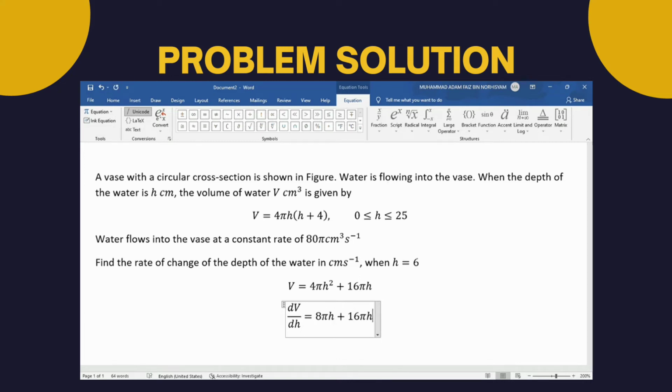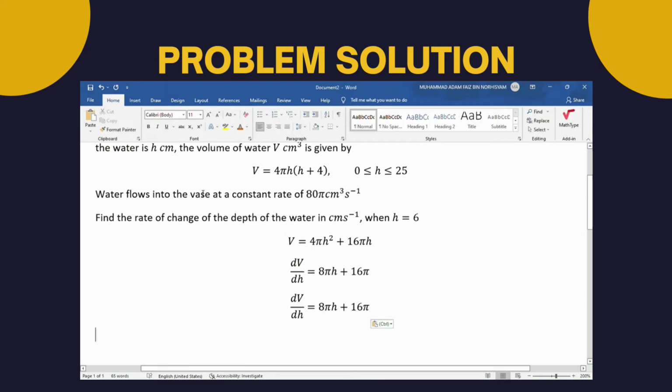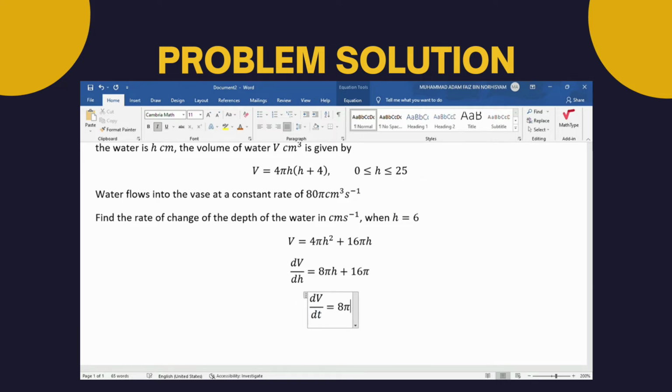And if we differentiate 16 pi h, we will get 16 pi. From the question, we get the constant rate of 80 pi. So that is our dV over dt. So our dV over dt equals 80 pi.